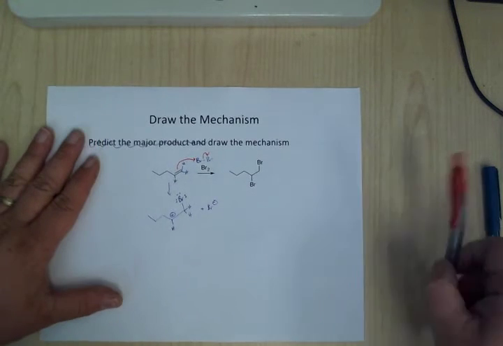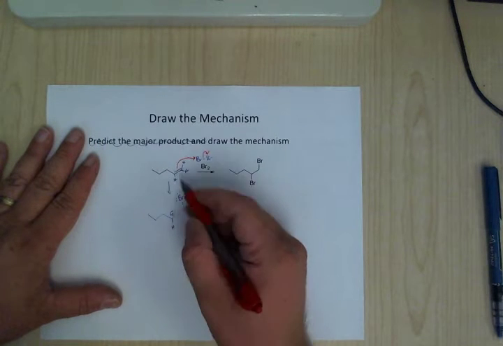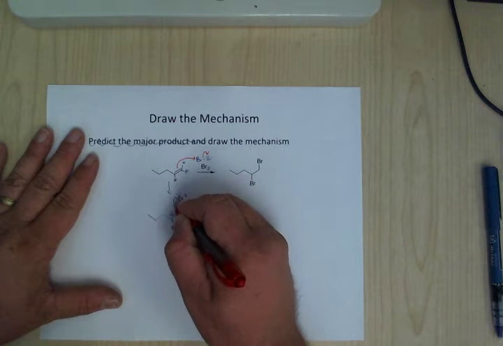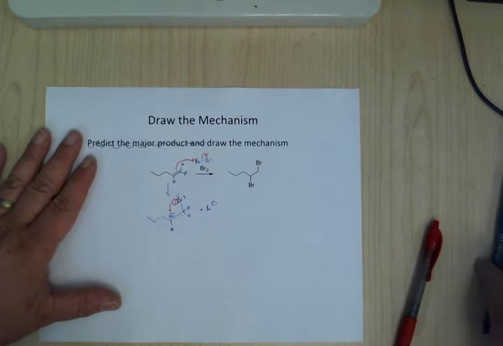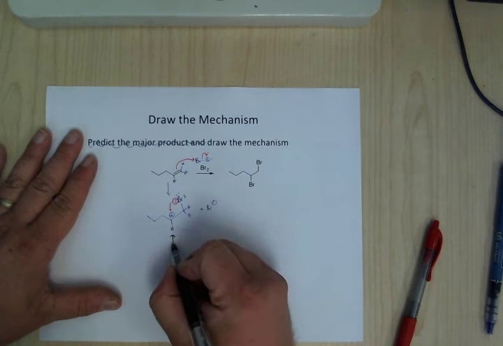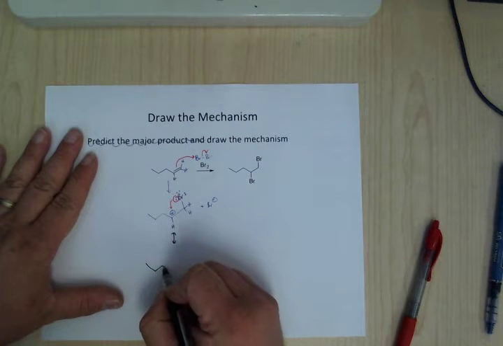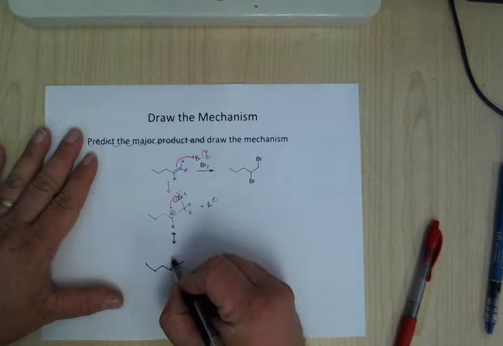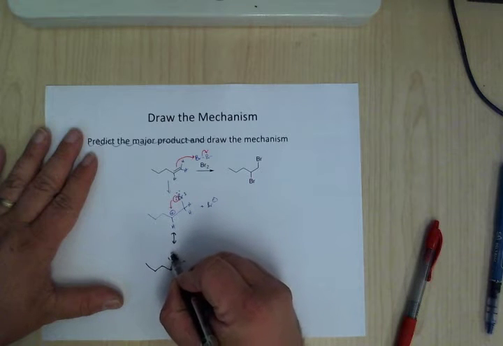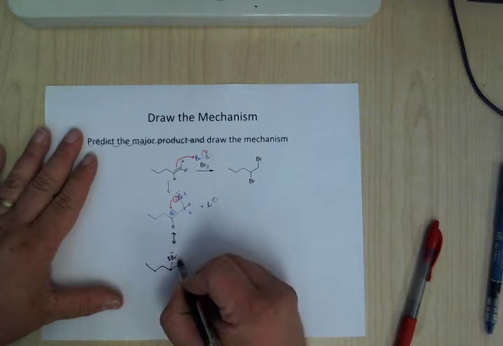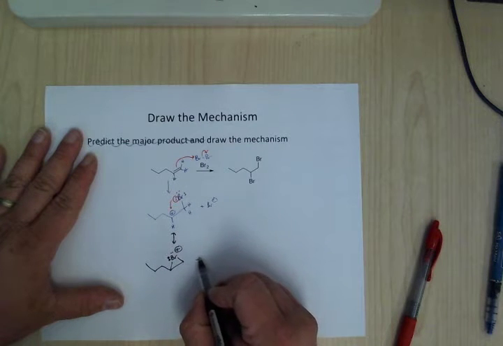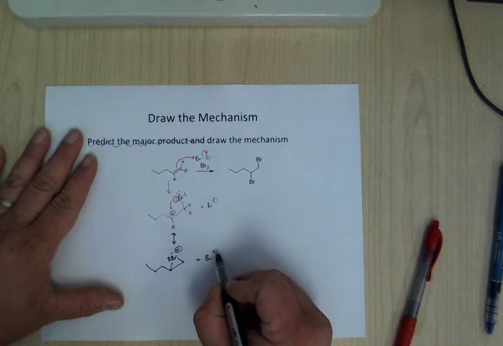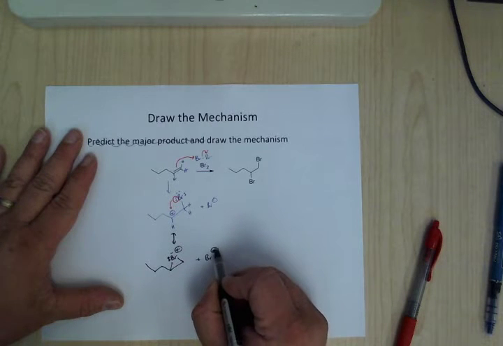But here we have a plus charge and we have a set of lone pairs, so that's going to attack here to make this nice resonance structure. Br minus.